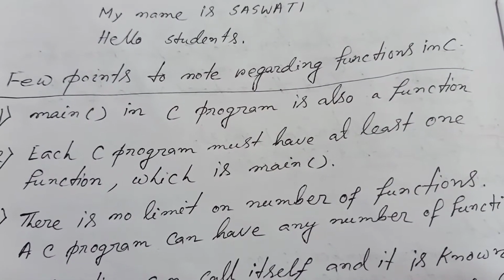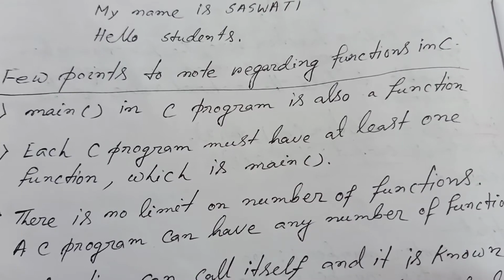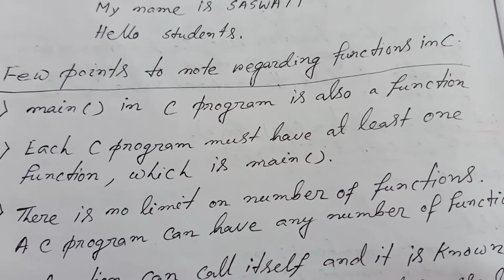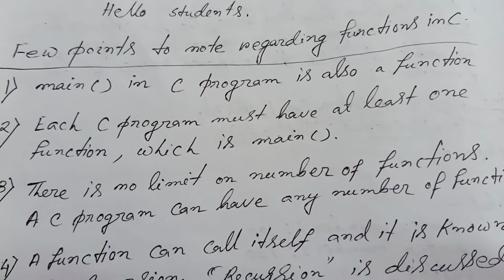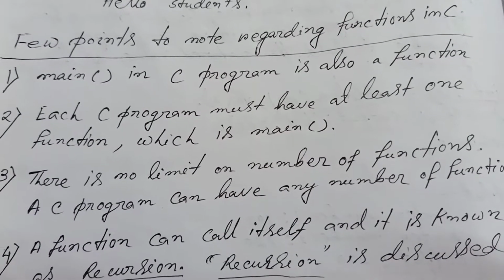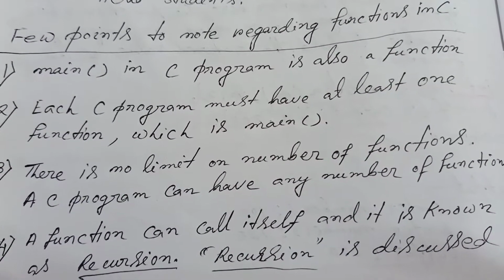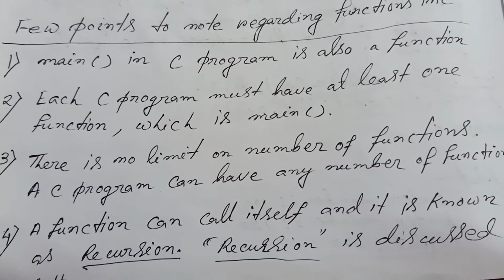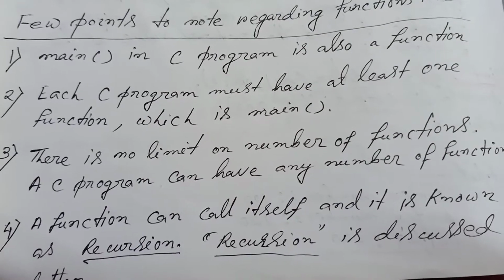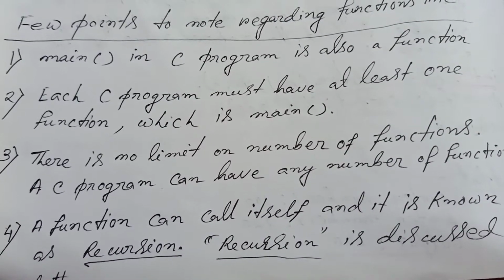First, the main function in C is also a function. Each C program must have at least one function, which is main. So without the main function, a program is not complete.